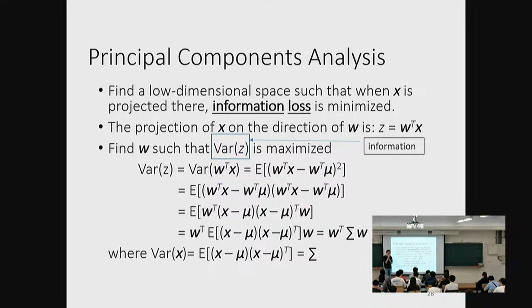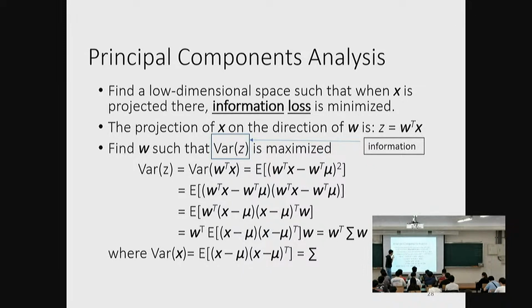So we can define some terms to say that when I project from D to K, information loss is minimized. We know the projection of X onto the direction W is W transpose X. This is again linear algebra, not machine learning, it's all linear algebra math. W transpose X gives you a new dimension Z. We want to do something.